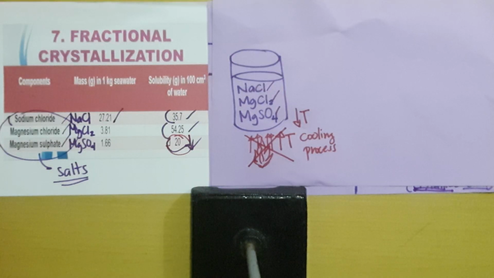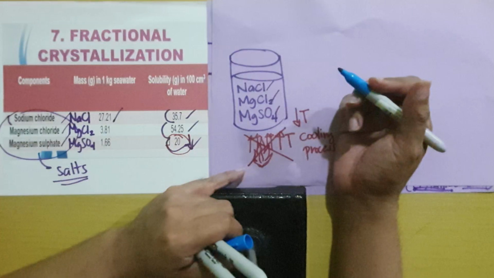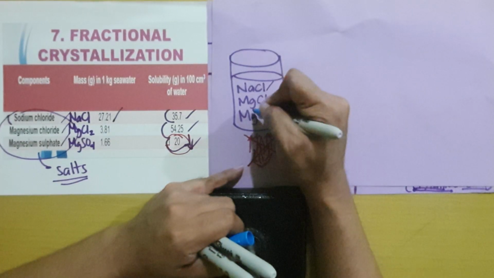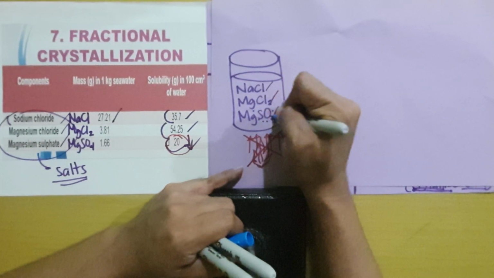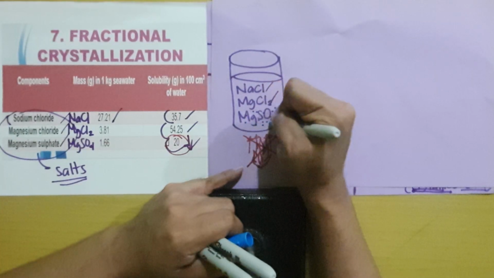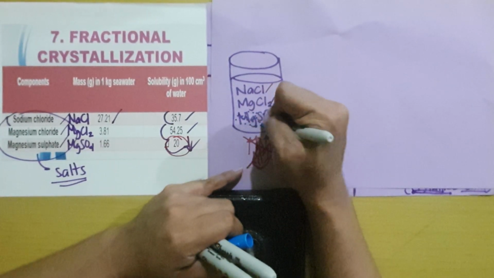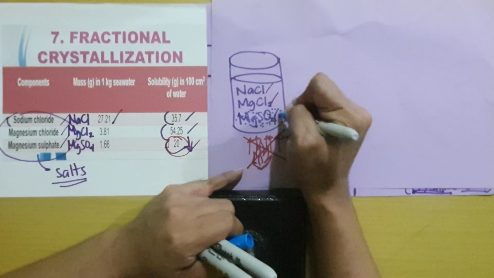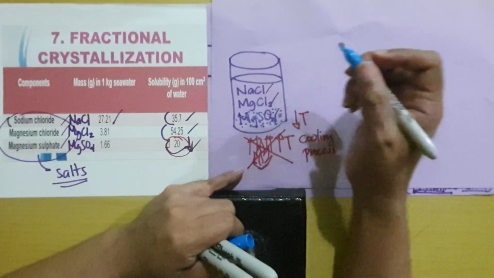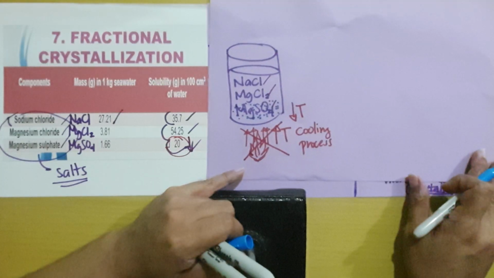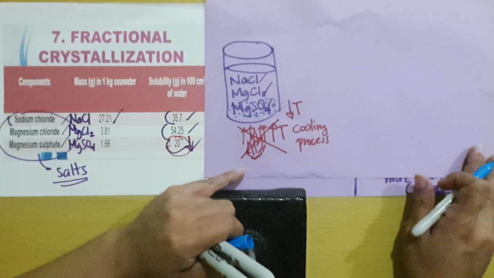Once it is subjected to a very low temperature, magnesium sulfate will be the first type of salt that will crystallize. It will form solid particles of magnesium sulfate since it has a very low value of solubility.